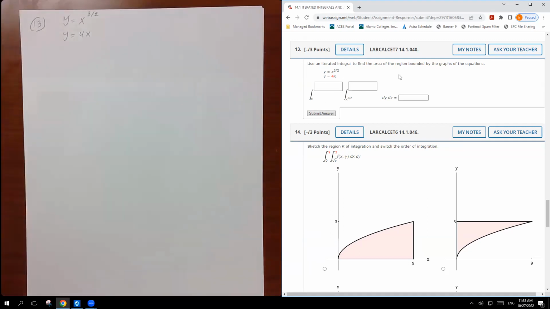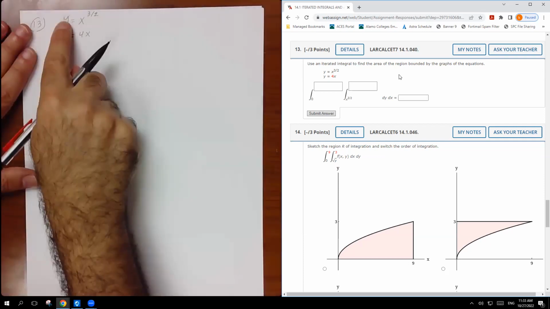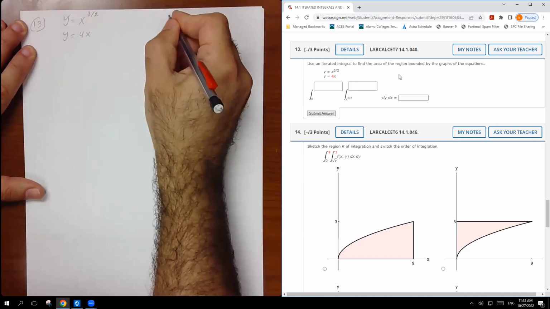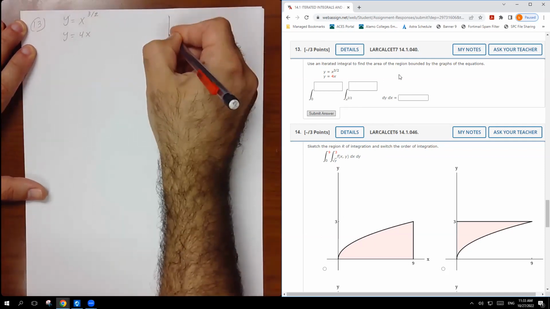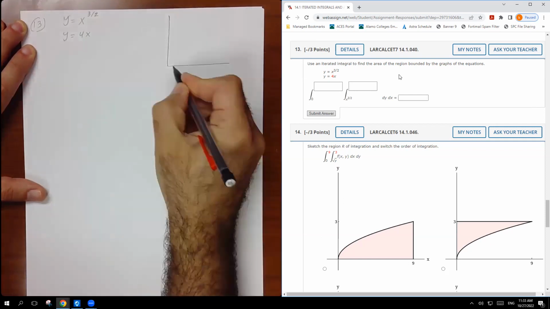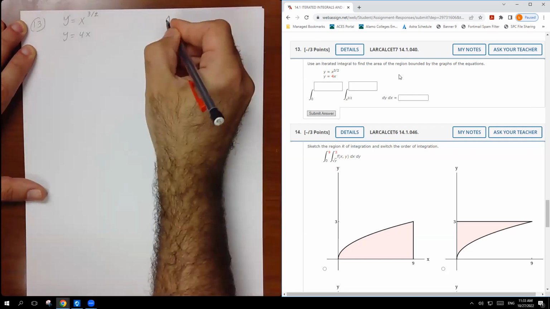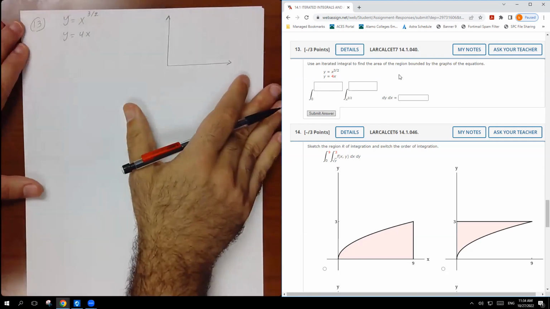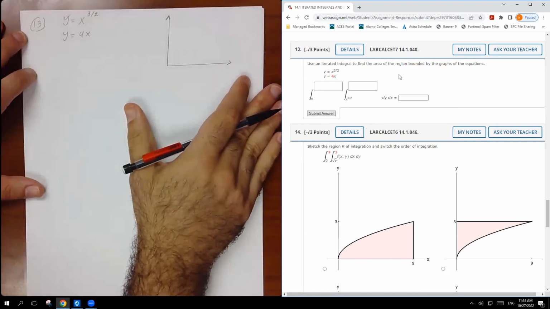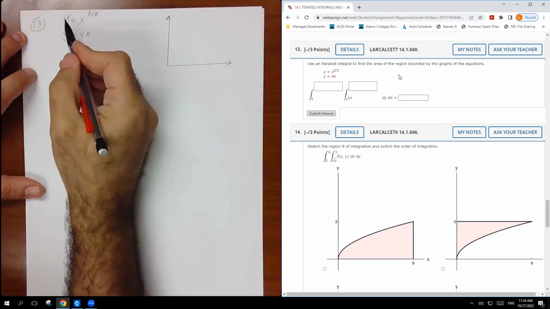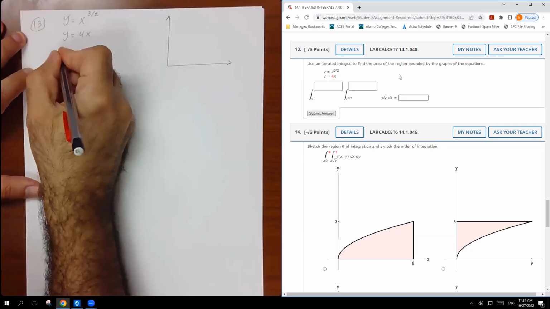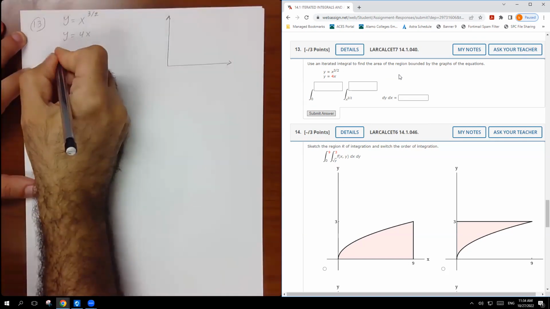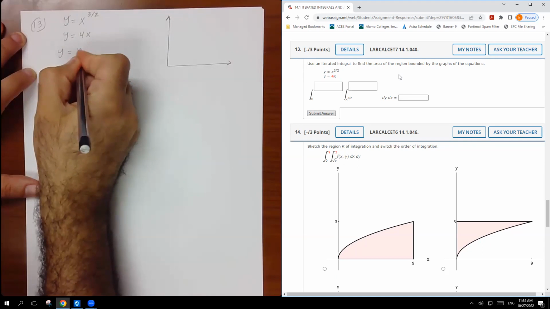So let's figure it out. If you want to do a simple graph, let's check first of all the x point. Which one is going to be the x? y equals y, that means I can say y equals y.